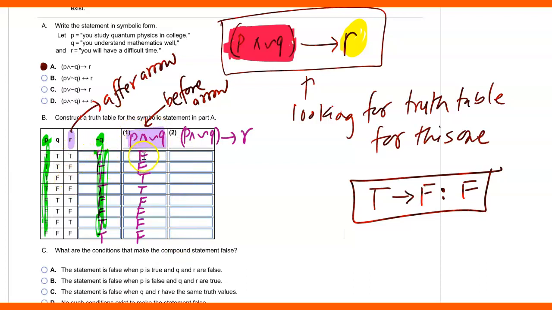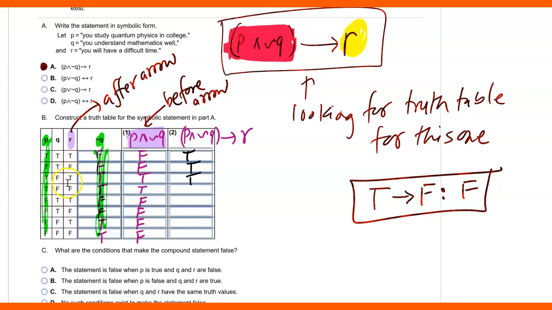Therefore, you're looking for false right arrow true, which is true. False right arrow true, which is true. And false right arrow false, which is true. True right arrow true, which is true.